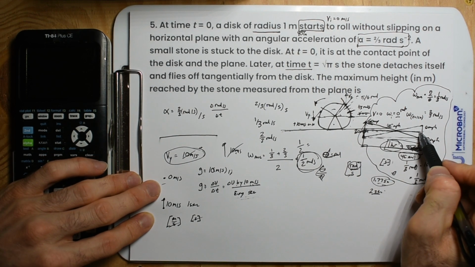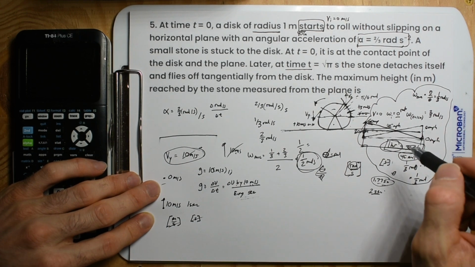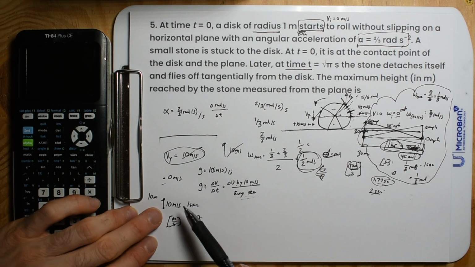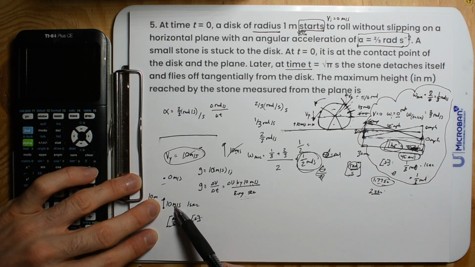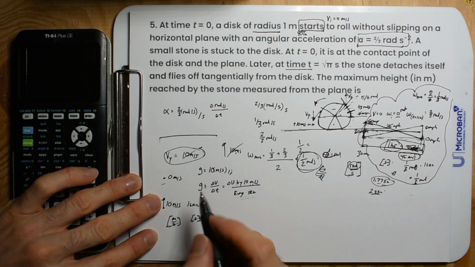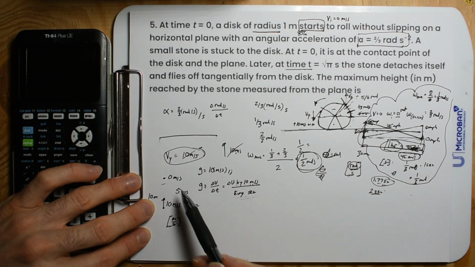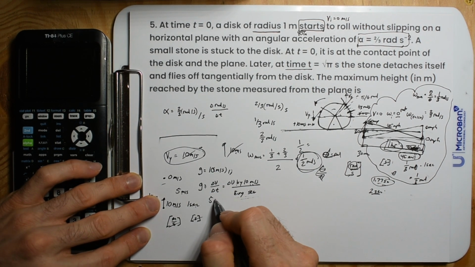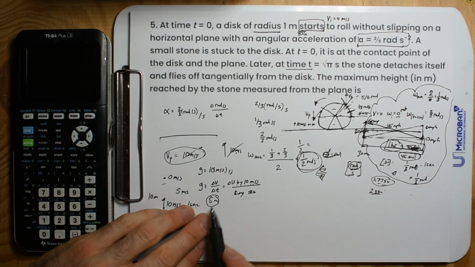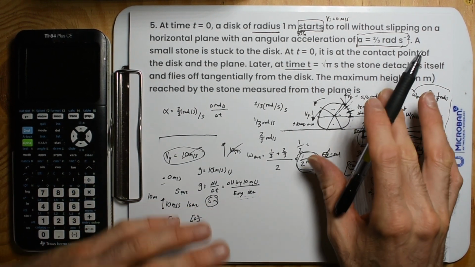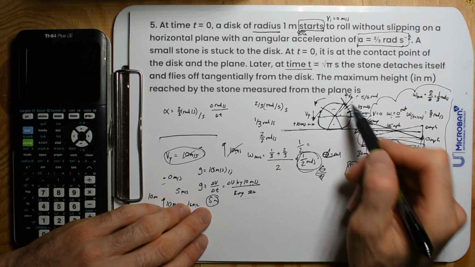Our average speed is 30. We went 30 miles per hour. For 1 hour, we went 30 miles. So the same case here. I went from 10 meters per second to 0 meters per second. My average speed is 5 meters per second over that 1 second. Guess what? I went 5 meters. Heck yeah.